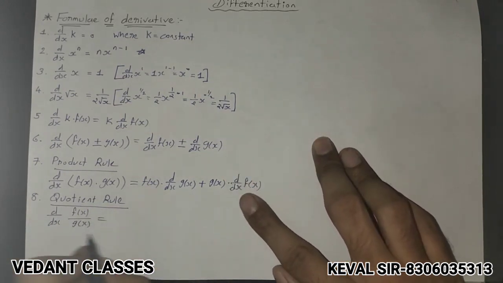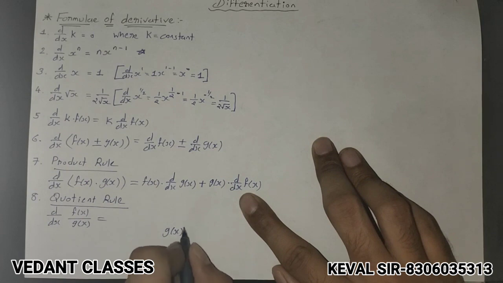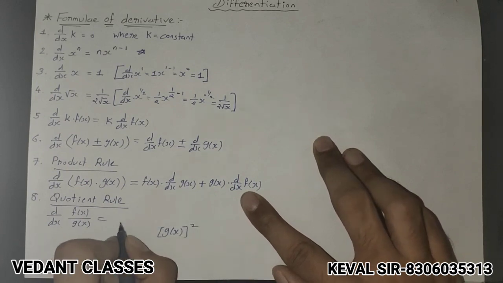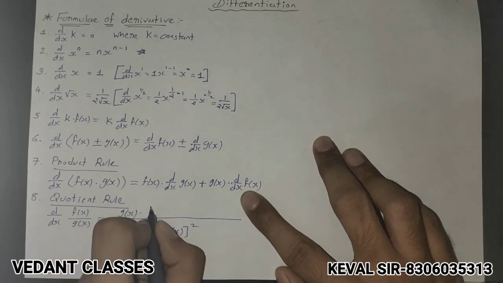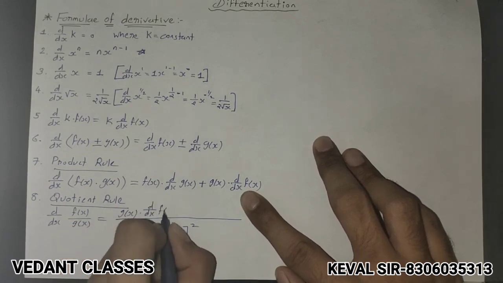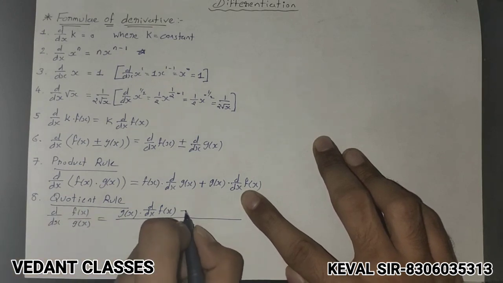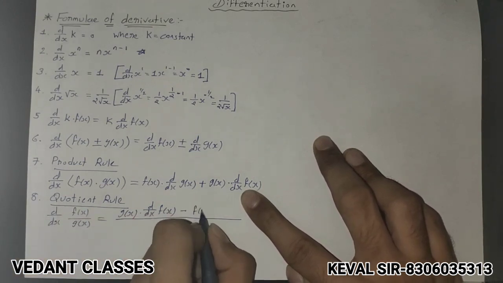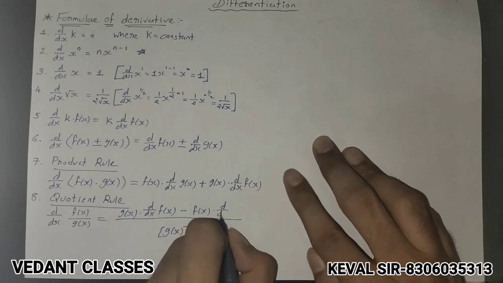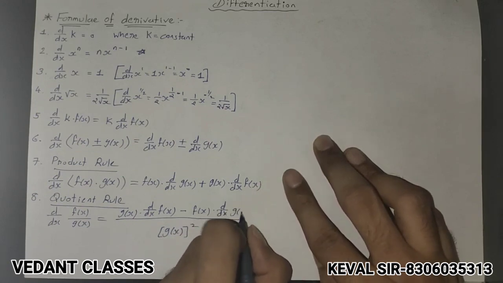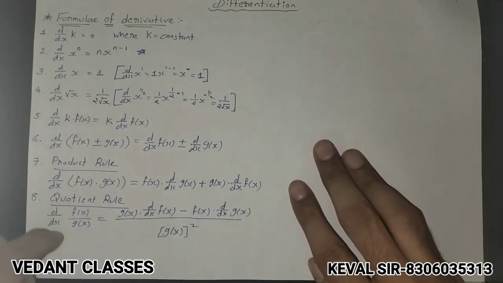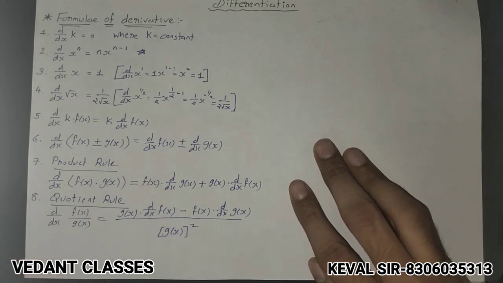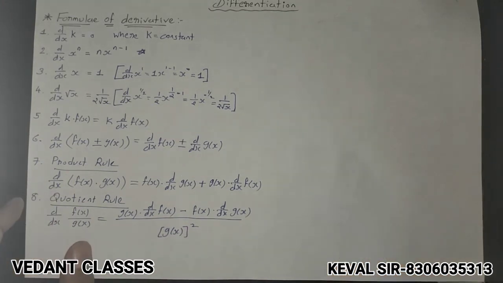Remember the equation: g of x whole square in the denominator, and in the numerator you write g of x dot derivative of the numerator, minus keep the numerator as it is and carry out the derivative of the denominator. This is a very important equation to find the derivative when two functions are given in terms of numerator and denominator. So this rule is very important.